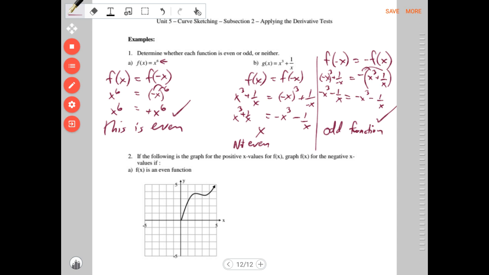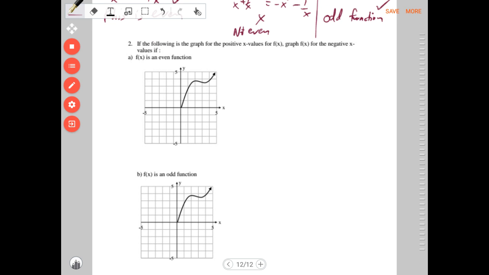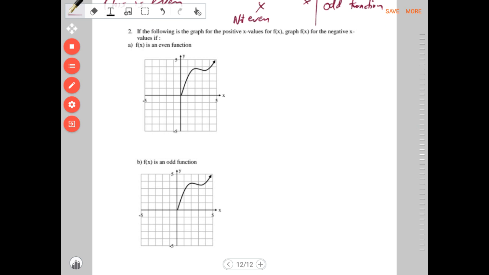Odd function. Okay, perfect. And then the last little bit. If the following is a graph for the positive x values for f of x, graph f of x for the negative x values if f of x is an even function. Now remember, even functions are symmetric about the y-axis, so that's just going to reflect over here.